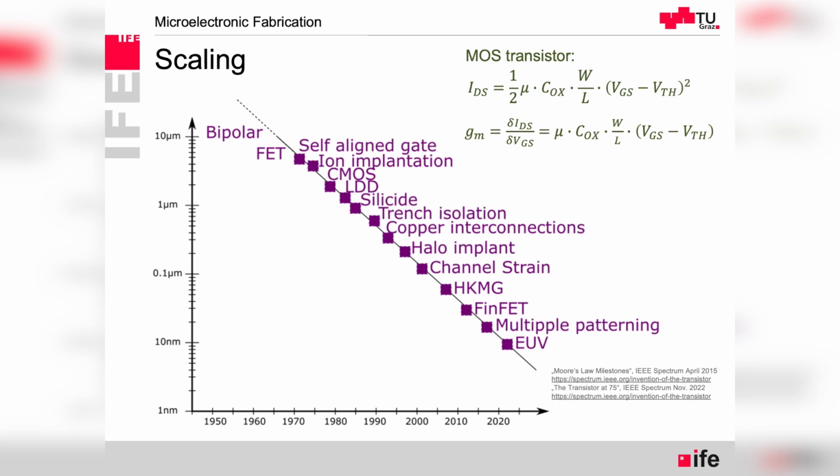And also nowadays in the modern technologies, when we talk about, for example, 7 nanometer, it doesn't mean exactly that the channel length is 7 nanometer.